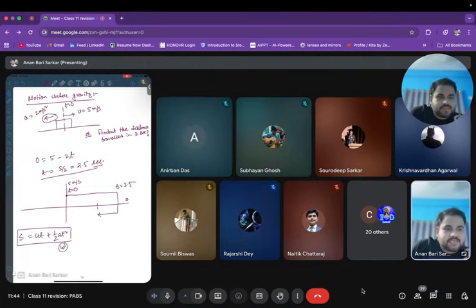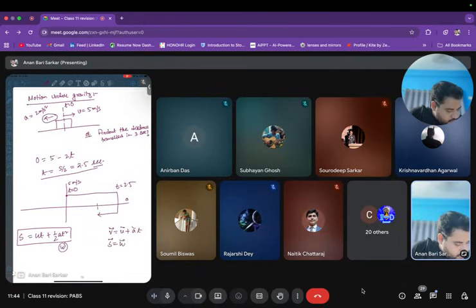Whether you are utilizing v square is equal to u square plus 2as, s is equal to ut plus half at square, or v is equal to u plus at, remember these are actually in terms of dot products. Means v equals to u plus at, s equals to ut plus half at square, v dot v equals to u dot u plus 2a dot s.